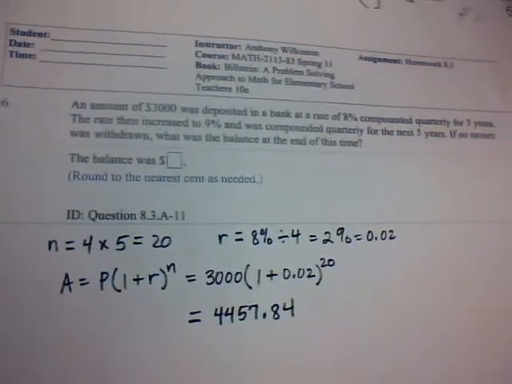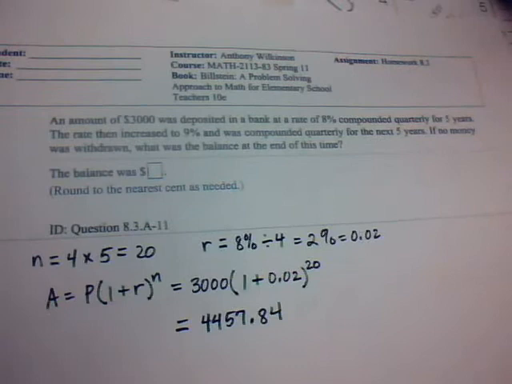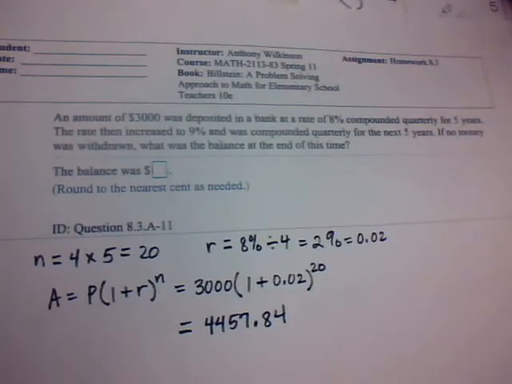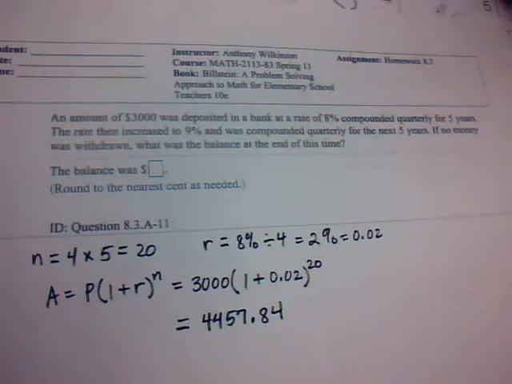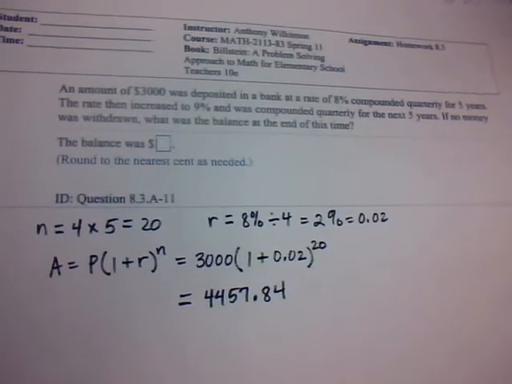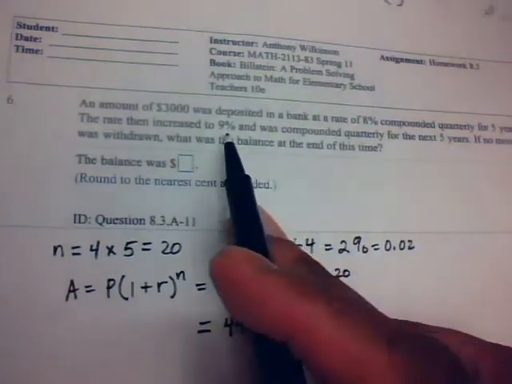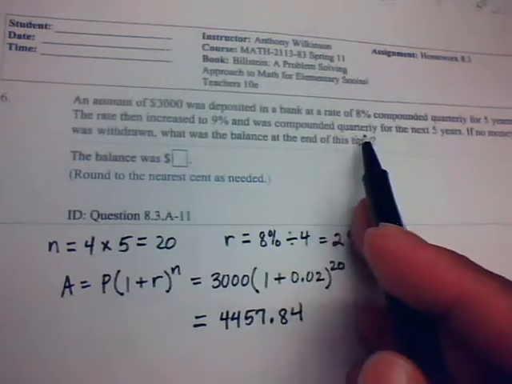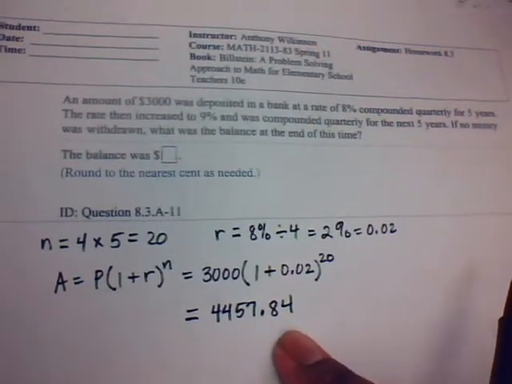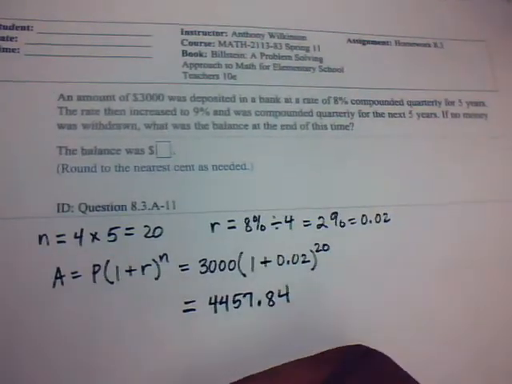So for the first 5 years, compounded quarterly at 8%, the amount which was deposited at $3,000 will accumulate to $4,457.84 after 5 years. And then our rate was then increased to 9%, compounded quarterly for another 5 years. So this amount was compounded quarterly for another 5 years at 9%.